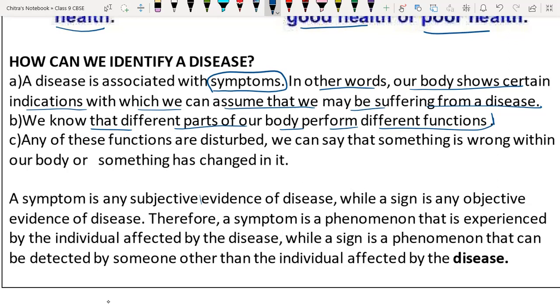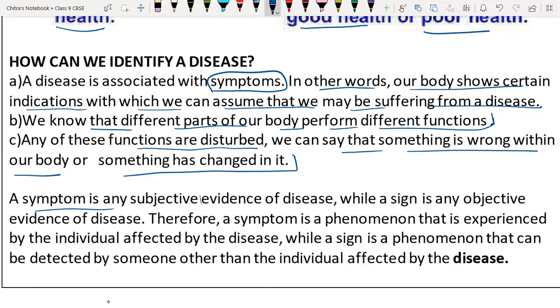If any of these functions are disturbed for any reason, we can say that something is wrong within our body, and it shows the presence of some kind of disease. If there is any disturbance in internal organ functioning, it shows that there is a presence of disease.